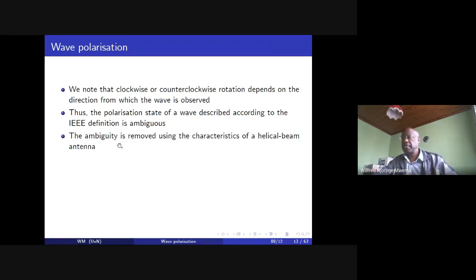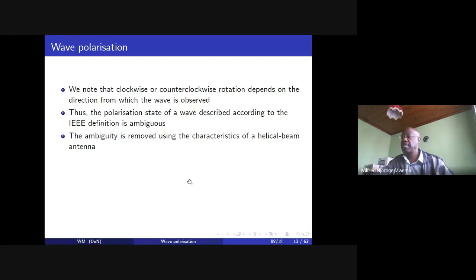The ambiguity will be removed always by using the characteristic of an antenna we call a helix. A helix is just like a coil that is open, and it depends, like the screws that you meet in mechanical engineering. We have a right-handed screw and a left-handed screw, or the right-hand rule and left-hand rule kind of thing.